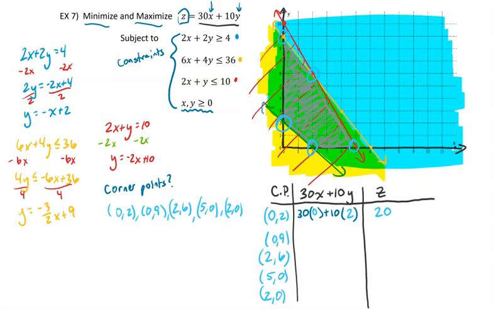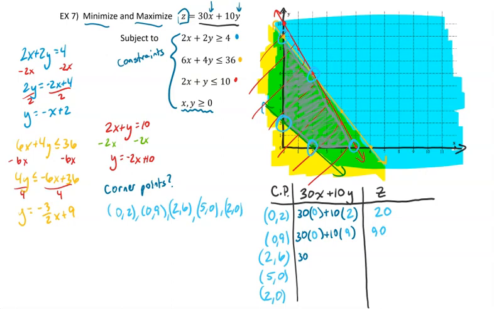And we're going to do that again for each corner point. So 30 times 0 plus 10 times 9. And again, plug that into your calculator. You are going to get 90.